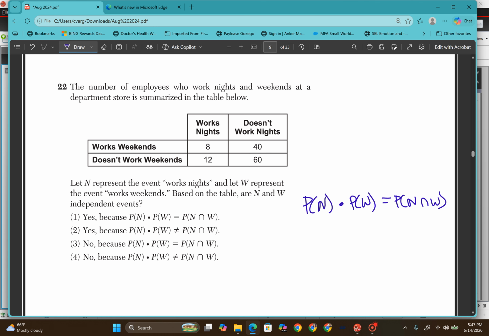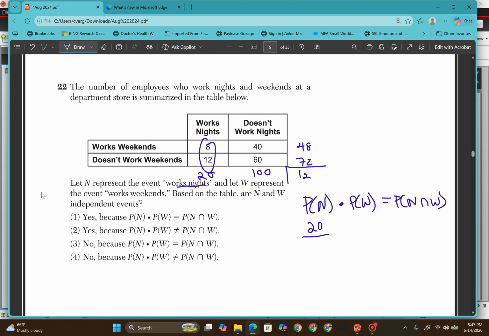So let's see. Probability of N, right? If we look, N is work nights. So work nights, the total is 20 out of, and the total here, let's go ahead and just add this. So that's 20, this is 100, this is 72, and this is 48. So the total here is 120.